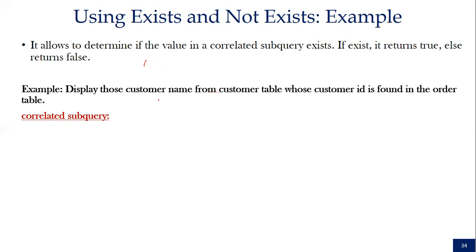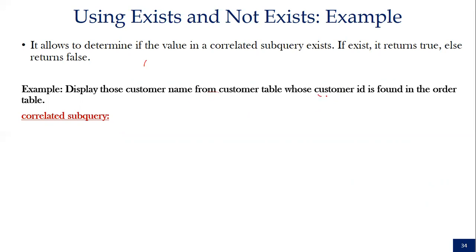Select name from customer where exists, select asterisk from order where order.customer ID equals customer.customer ID.